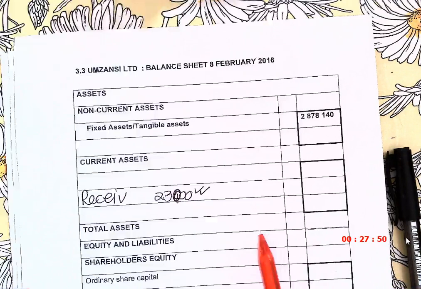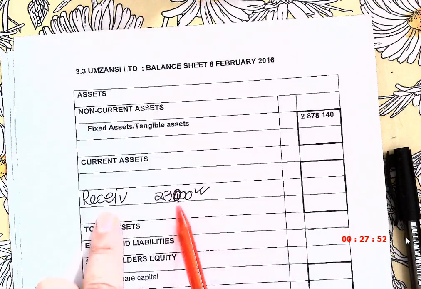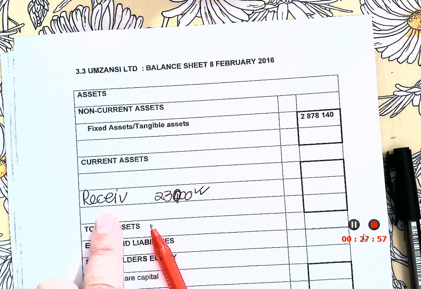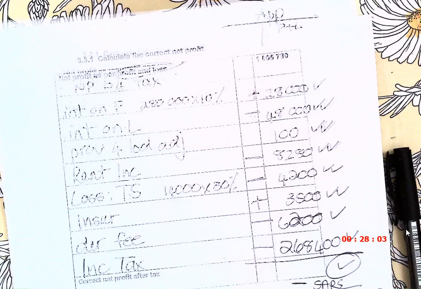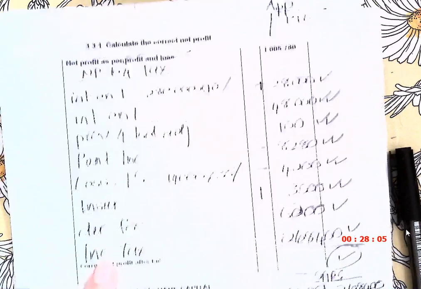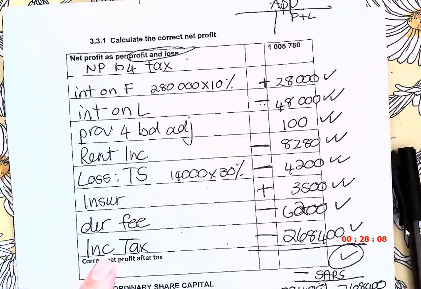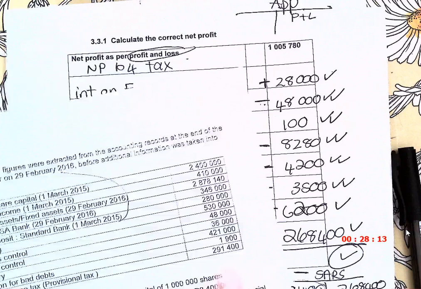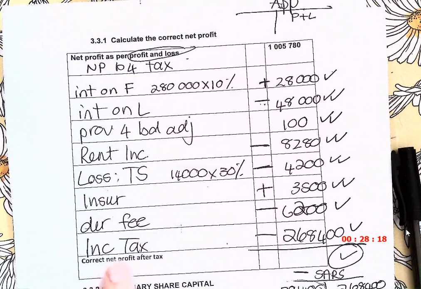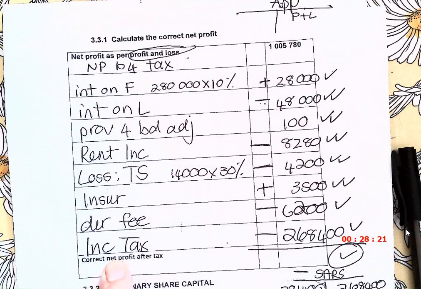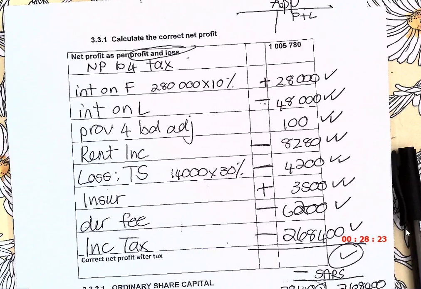So if I do the face of the balance sheet, it will be part of receivables. So we don't show it in the income statement. In the income statement, I want to show my actual income tax that I need to pay from the profit to SARS. This 291 just indicates how much of this I already paid. Income tax is my expense. SARS is my asset or liability, which goes to the balance sheet.